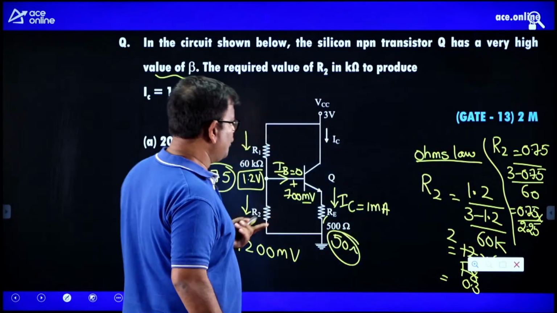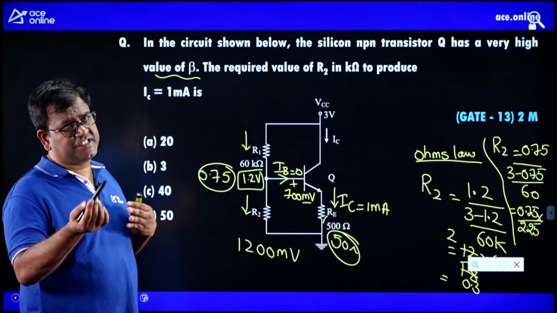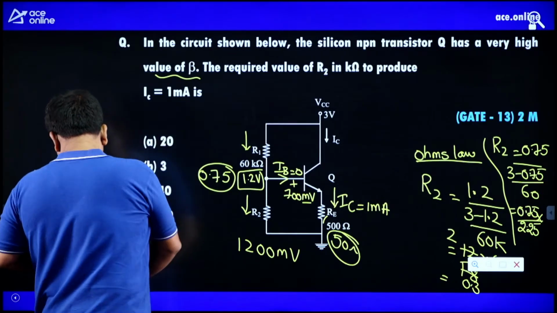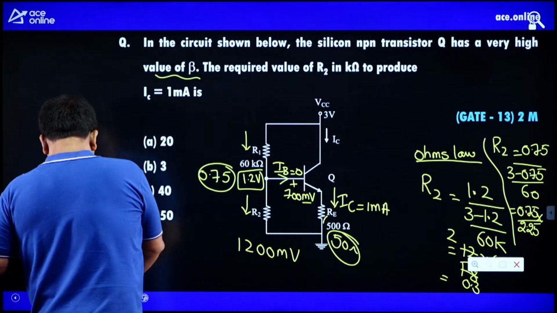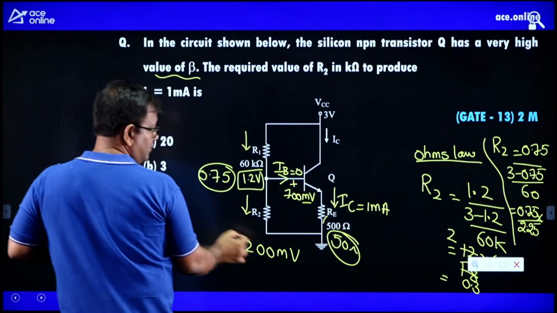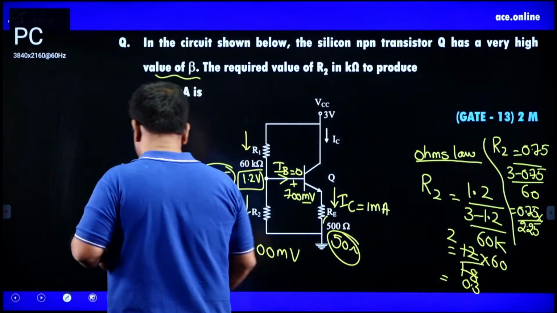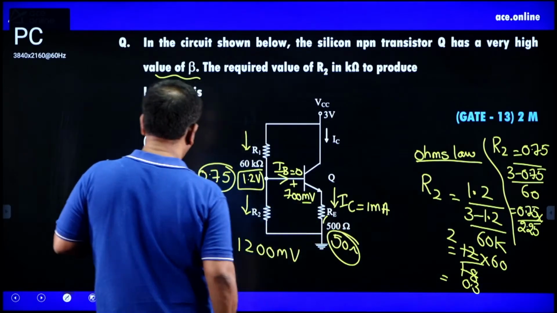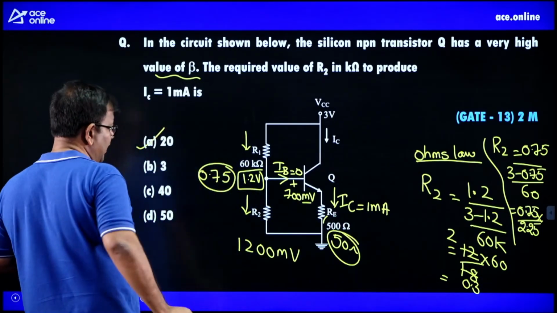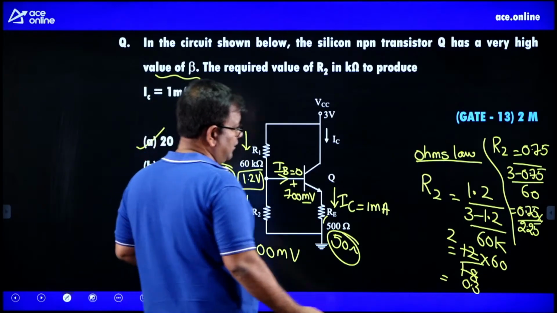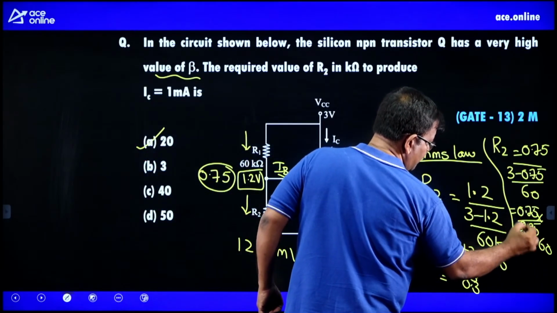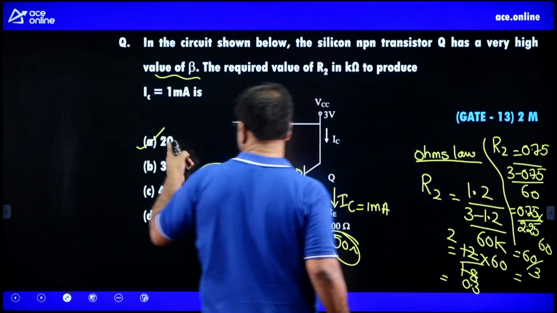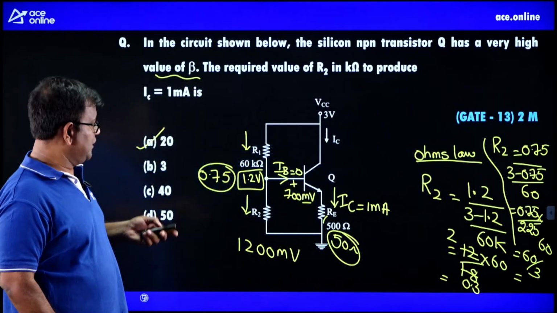So 60 by 3 is 20K. 20K is the right option. So I have a feeling that this is not 500, it should be 50. If you multiply this by 60, it goes 3 times, so 60 by 3 is going to be 20. So that is the correction, that is fine.